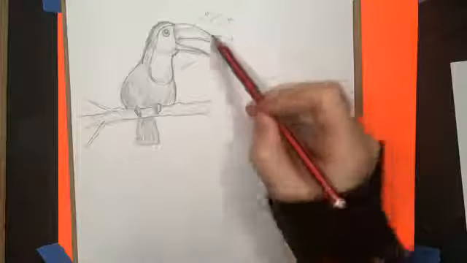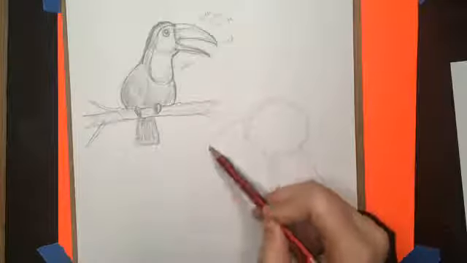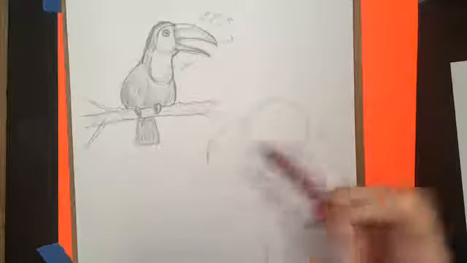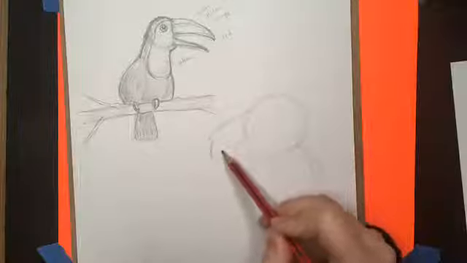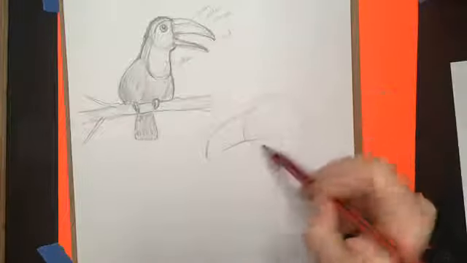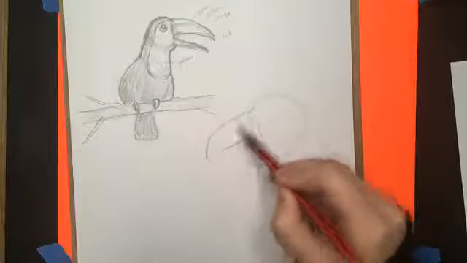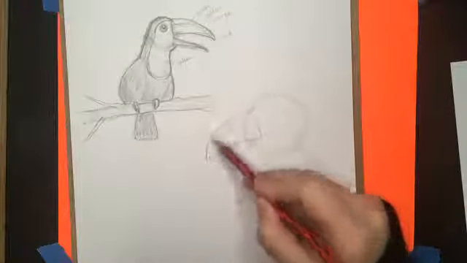And I'm still gonna have a giant beak. So again, it's kind of like a triangle with an extra rounded part.